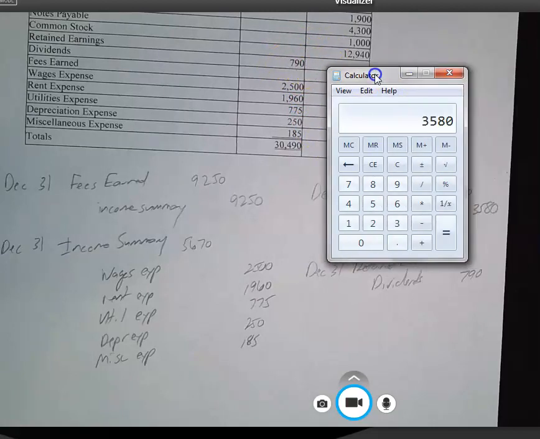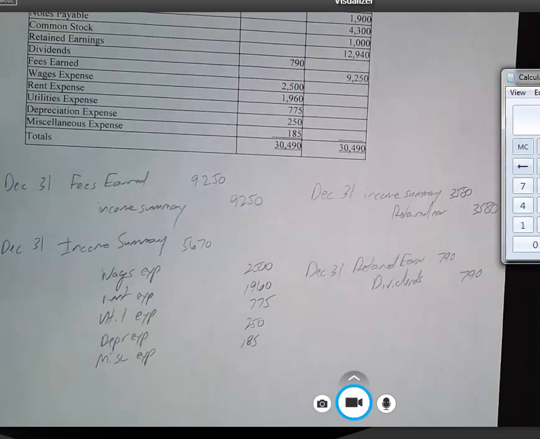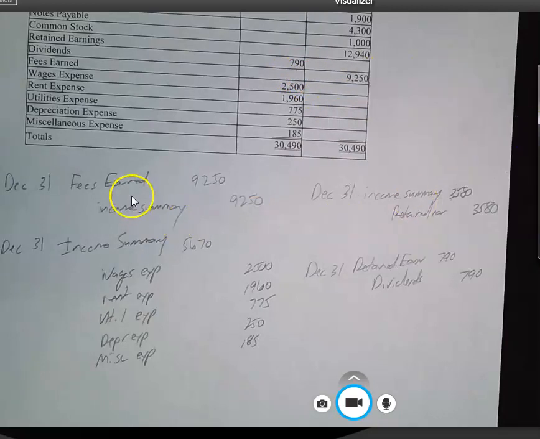So if you wanted to know how much did retained earnings go up by, it would go up by $2,790. That's the 3580 here in net income minus the dividends. Okay, but we're going to do it here in 4 separate entries.